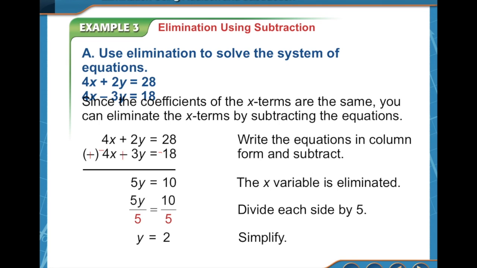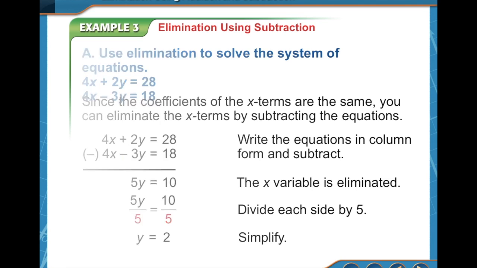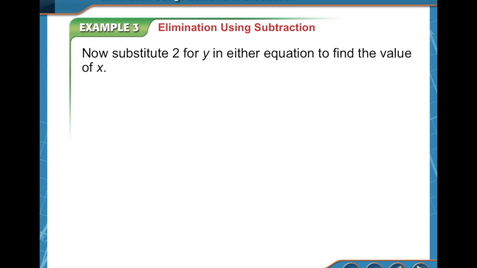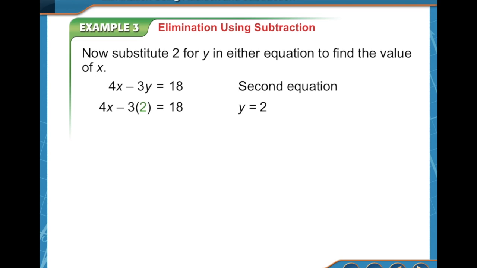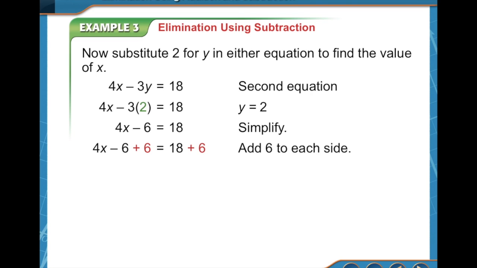We have to plug in now and see what x is. So we can use first or second equation and see what we get. All right, so substitute that in. Say we use the second one. Where there's a y, I'll now add a 2. Looks like this. And now if I multiply through, 3 times 2 we know is 6. If we add 6 to both sides, we'll have 4x equal to 24.